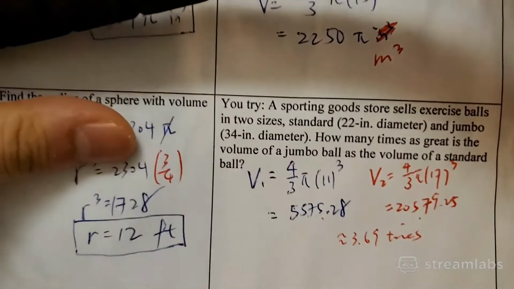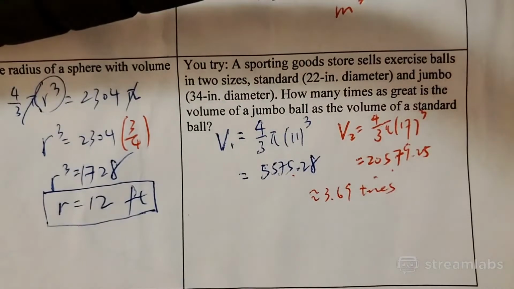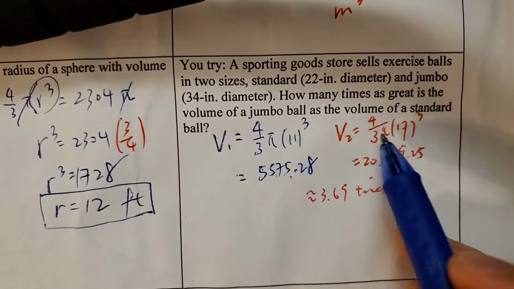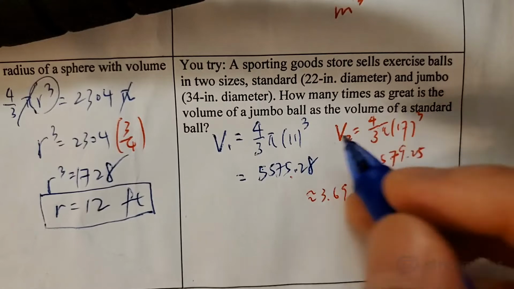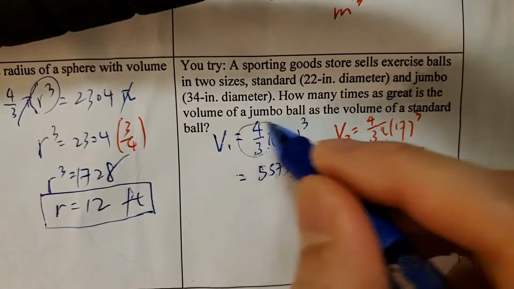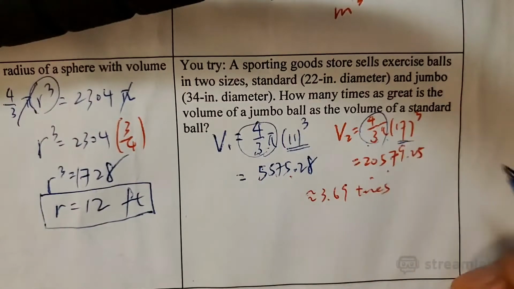But let's look at fundamentally what is happening, okay? So fundamentally, you're looking at how these things change, right? So is the 4/3 pi changing? No, 4/3 pi stays the same. The thing that's changing is the r, from 11 to 17, right?